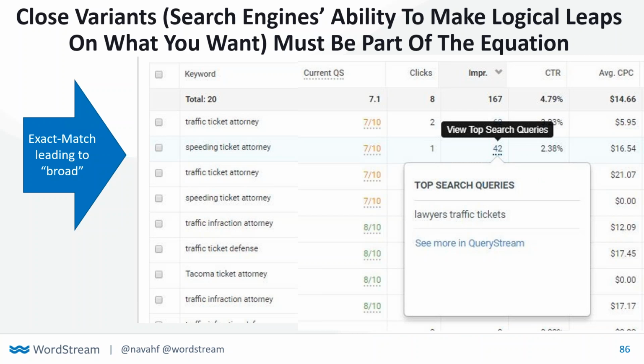Exact match, acting like broad, has to factor into it. So when you're thinking about close variants and what keyword concepts you go after, it's worth mentioning again: be thoughtful about not just which keyword concepts are going to stay, but also what auction price for what variant makes the most sense.